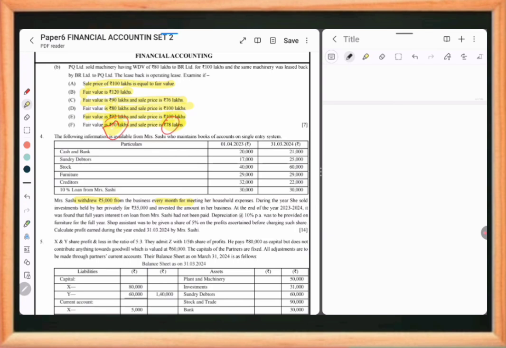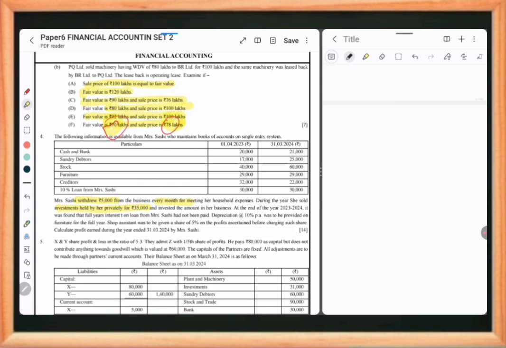But in this case, unlike trading and profit and loss account, we prepare that account. Sasi withdrew, so it is for drawings. During the year, she sold investments held by her for 35,000 rupees. Investment how much? It is not given here.